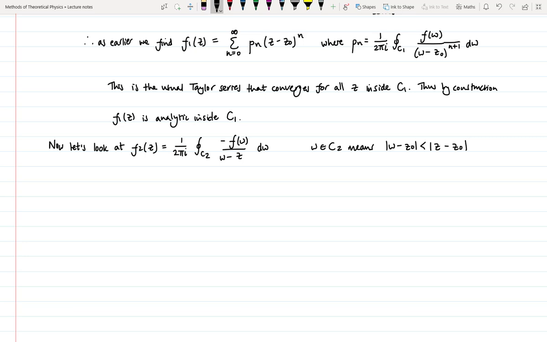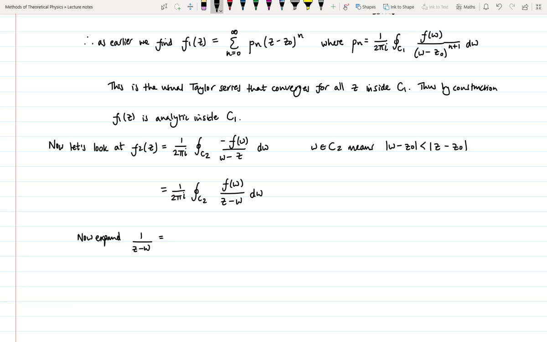Okay, returning to our expression f2 of z, we have this minus sign that we're going to move to the denominator. So we have the integral around C2 of f of w over, now it's z minus w dw. Looking at that denominator, we're going to expand 1 over z minus w, again by adding and subtracting the same term.